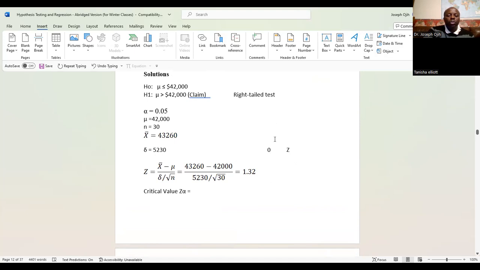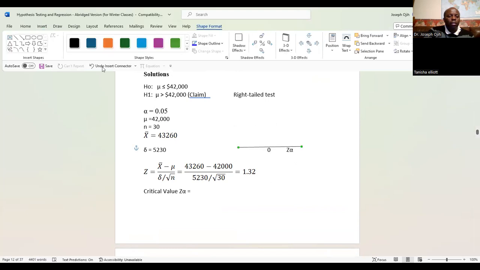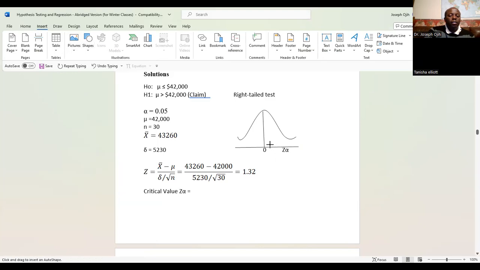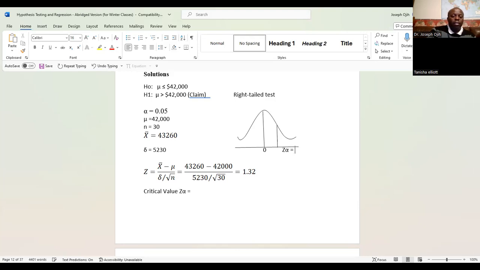Then put the bell curve, put the center line, and also put the line for the z alpha.